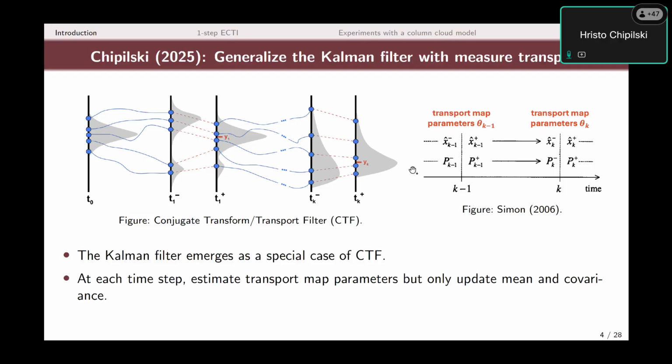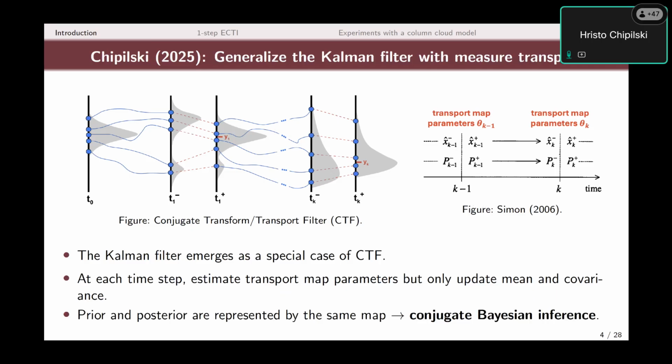The Kalman filter here emerges as a special case of this more general theory, and I'll talk a little bit about that later on. And one of the interesting features that will become important is that at each observation time, you notice that under this new theory, the prior and the posterior, after data is assimilated, have similar shapes, which is because the prior and the posterior are pushed forward by the same transport map.